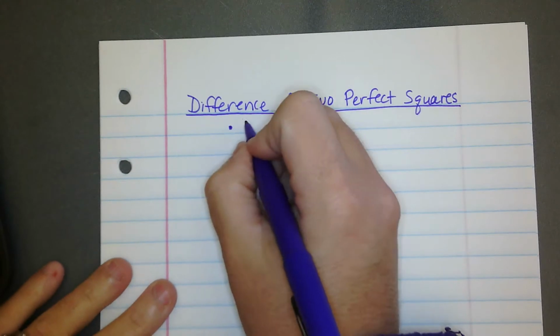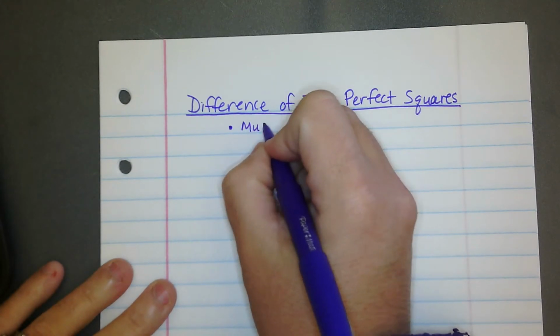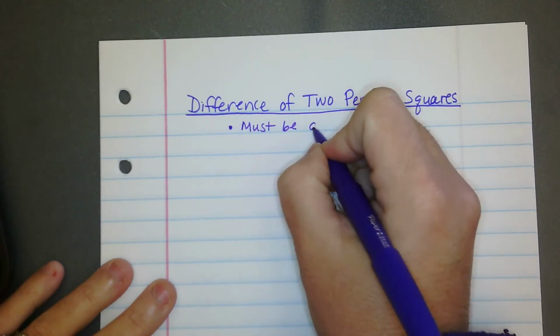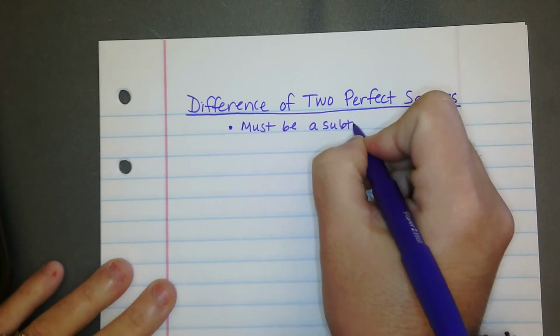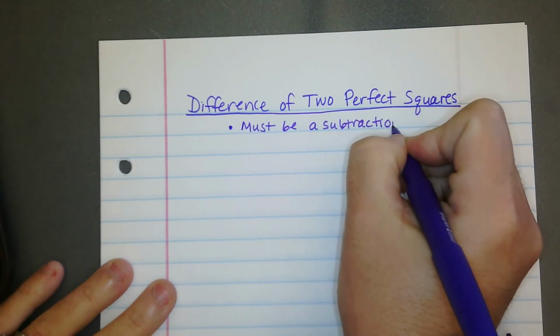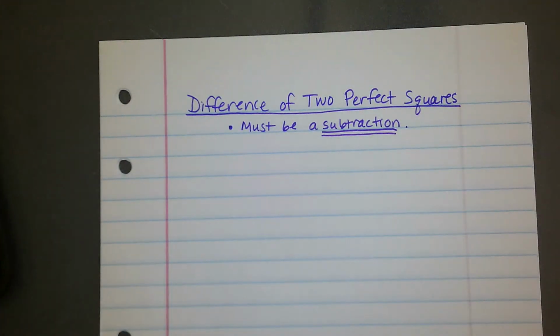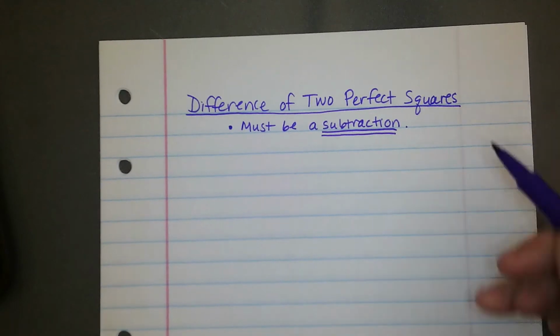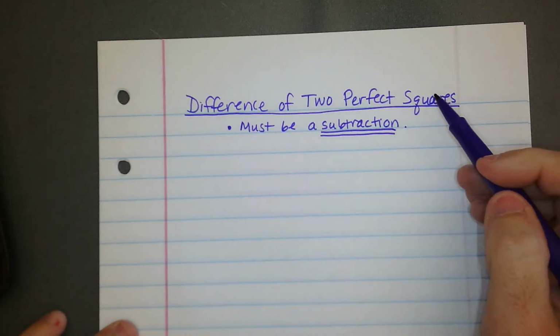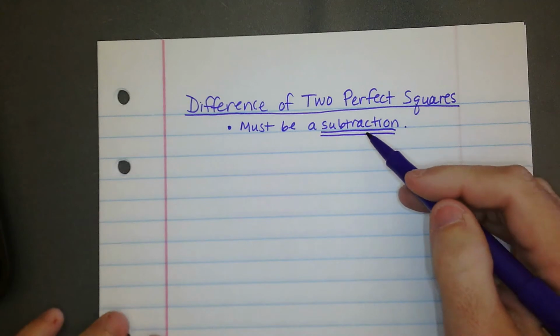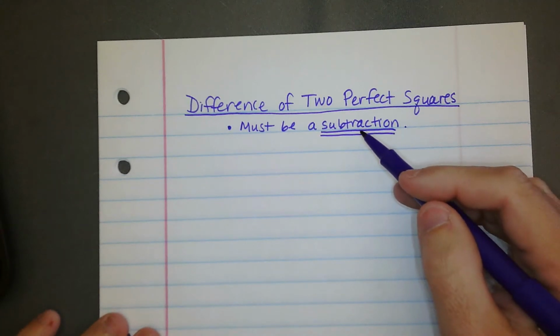The key and most important thing is that there must be a subtraction. Now, sometimes people like to try and factor them with a plus sign, but you can't. It's not a thing. So if you have perfect squares, but it's a sum, you cannot do it. It must be subtraction. Otherwise, it's not possible.